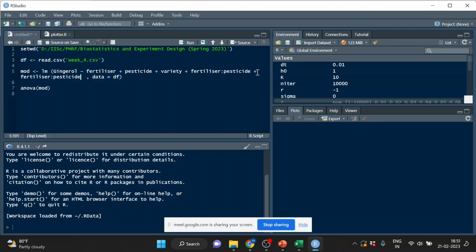There are other ways. Pesticide and variety. Then variety and fertilizer. And then I can put all the three together.